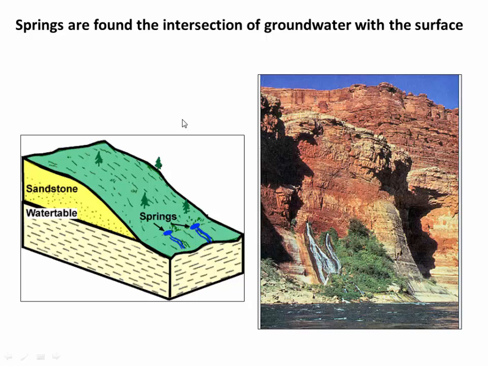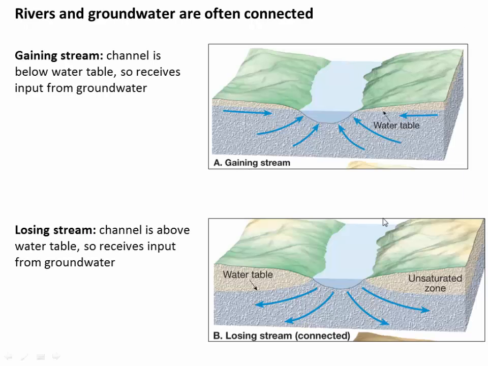Springs are literally the place where the water table intersects the land surface, and water just oozes right back out of the ground. So we see that in this diagram here, and then you can see this spring coming out of a sandstone bed. So we know that the water table intersects the topography surface right about here, and that water just freely flows right back out of the ground.